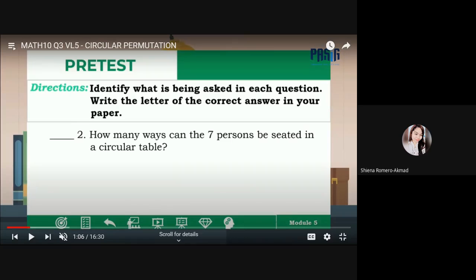How many ways can 7 persons be seated in a circular table? O kanina sabi nyo n minus 1.